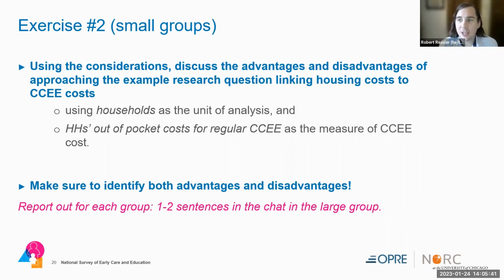Hi, everyone. I could share a little bit. We chatted about the idea that focusing on the household might miss some of the more structural or community narratives that are likely at play when it comes to deciding about childcare arrangements and the access that people have. So I guess that would be maybe a disadvantage. And we talked about some idea, just to throw it out there, of what a neighborhood measure of household out-of-pocket costs might look like.